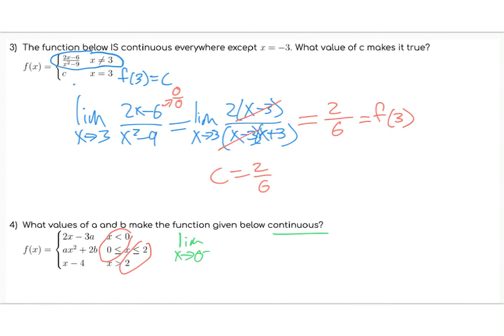As x approaches 0 from the left, that's my left side, 2x minus 3a. And the limit as x approaches 0 from the right, okay, that's my right side, ax squared plus 2b. Those must be equal. Plugging 0 in, we've got negative 3a. Plugging 0 in, we've got 2b.